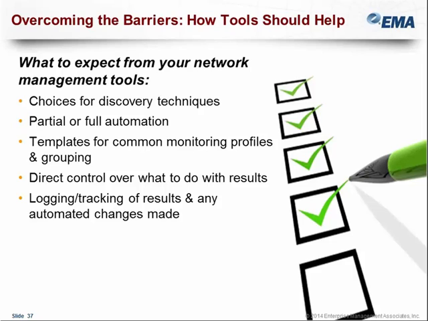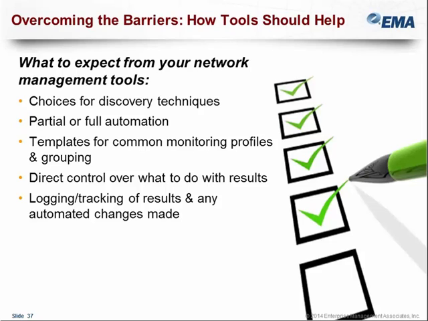Any changes that happen are made either through a discovery tool or by an operator. You want to make sure there is a means for logging or tracking these kind of actions and results. This is really important for an audit trail. It's really important for stepping back when something goes wrong and you're trying to get back to a good known last state.